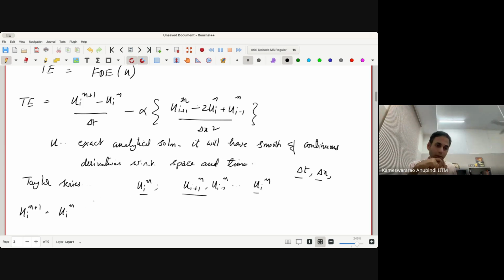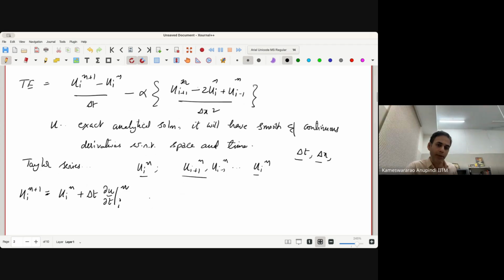So u_i^(n+1) equals u_i^n plus delta t times dou u by dou t at i and n, and then plus delta t square by 2 times dou square u by dou t square at i and n, and so on.